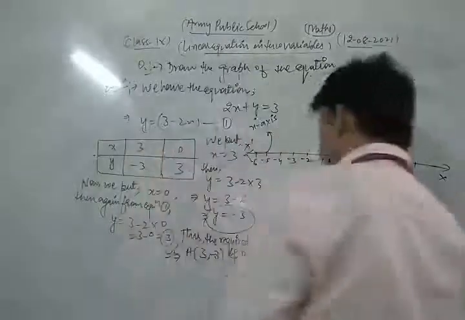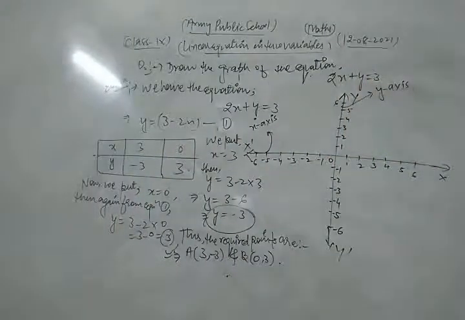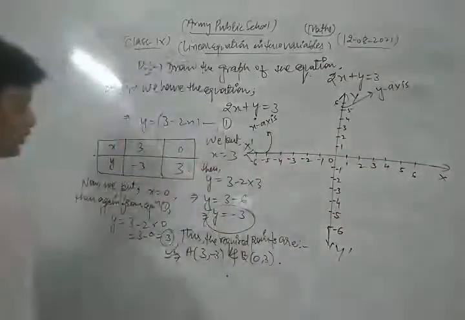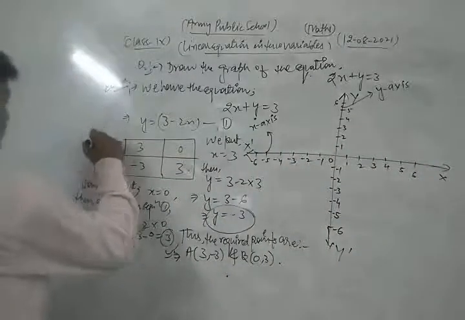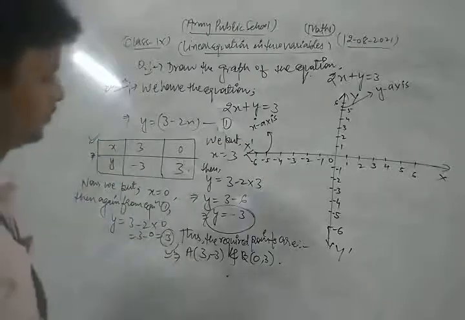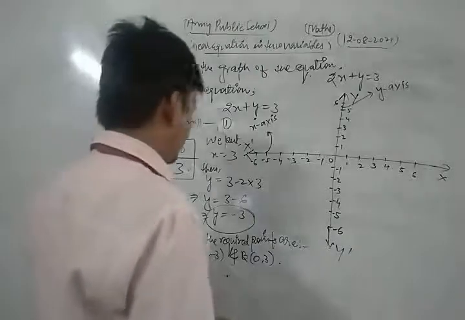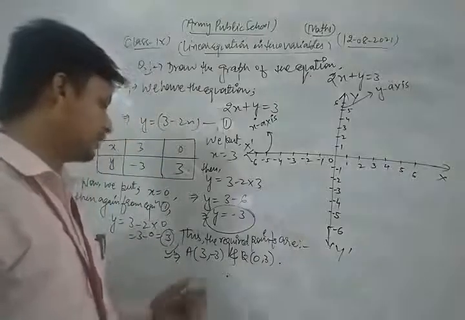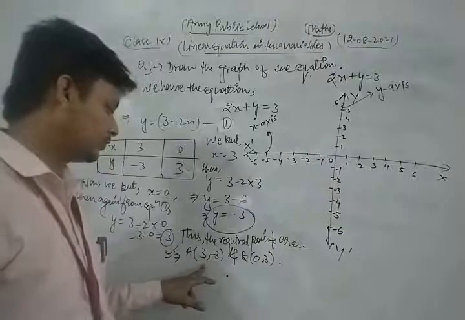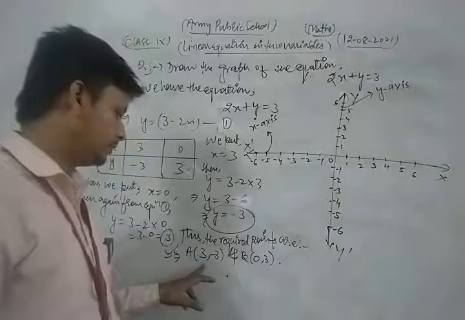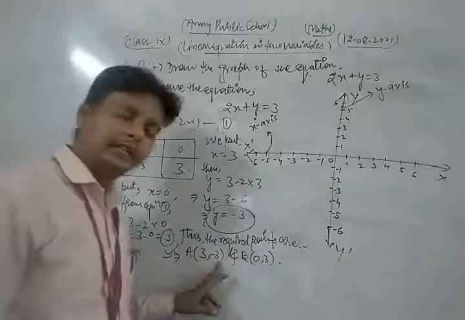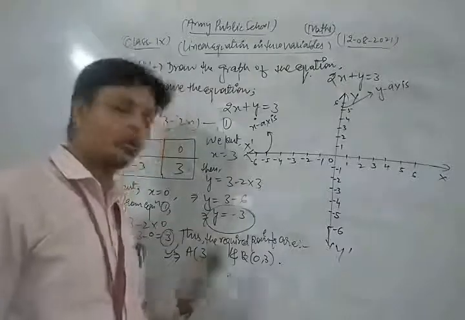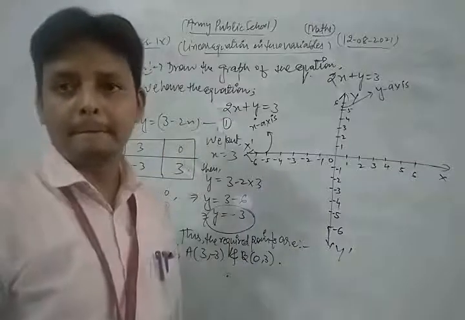Look, the first point is (3, minus 3), which means the abscissa is 3 and the ordinate is minus 3.